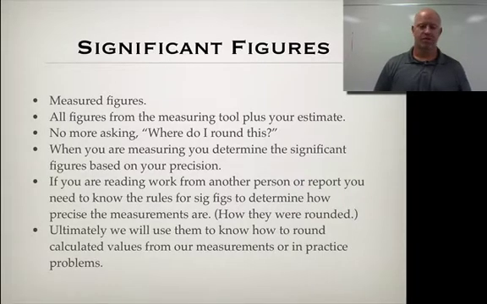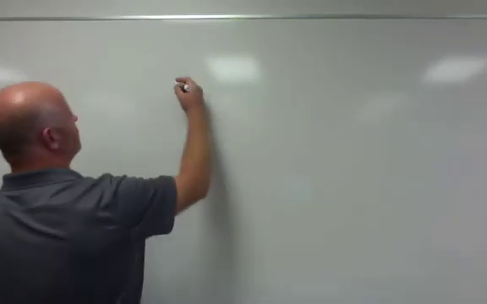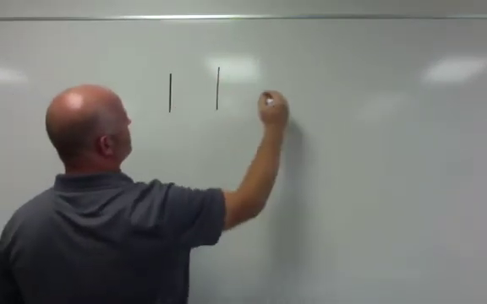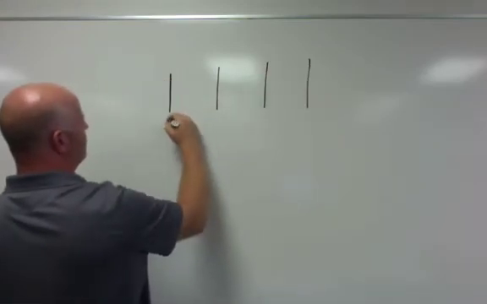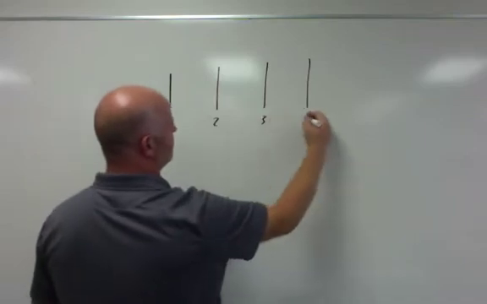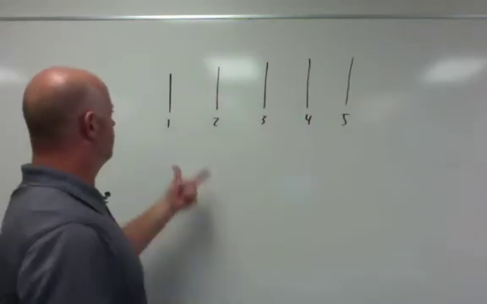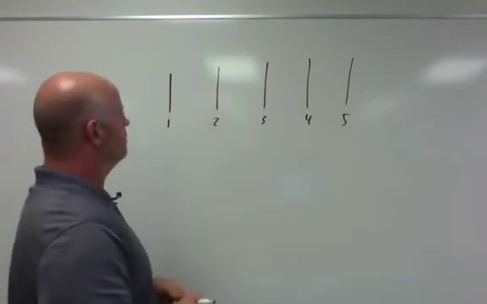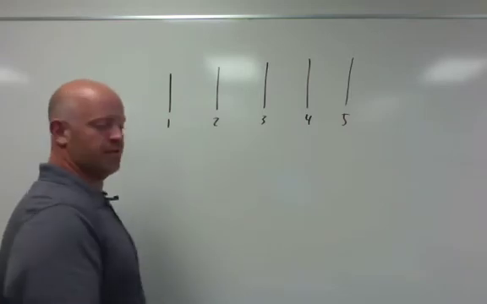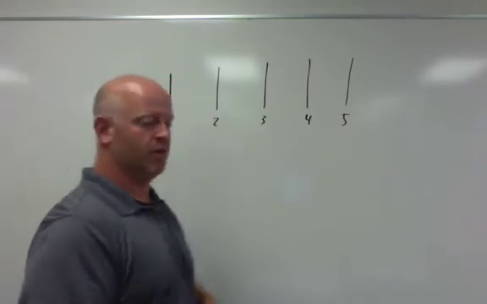For example, on the board, I have a measuring tool that puts a line in, and say this is 1, 2, 3, 4, 5, etc. Whatever this measurement is, maybe it's a decameter or something to that point. And if I have something I'm trying to measure, how long is some sort of object I have?